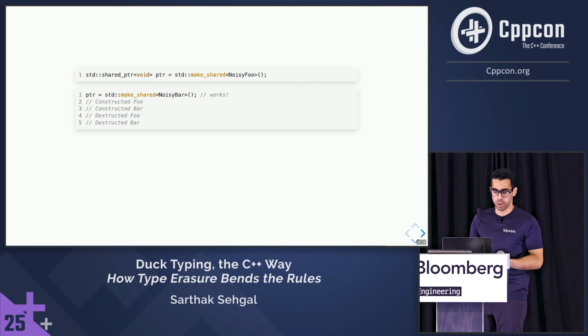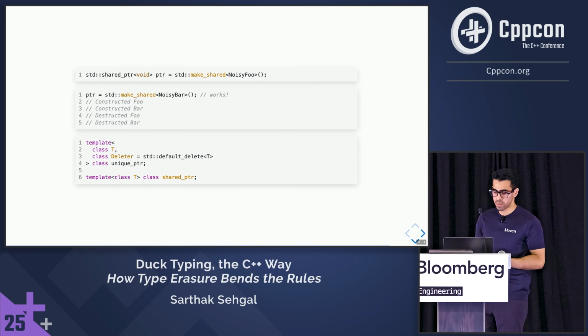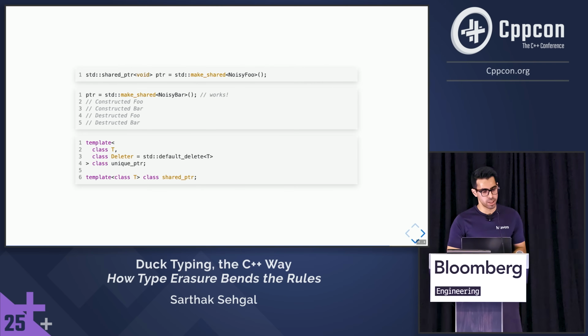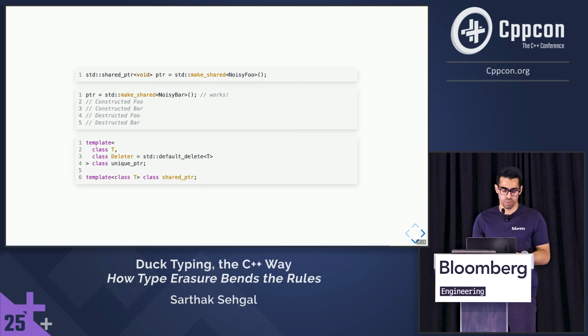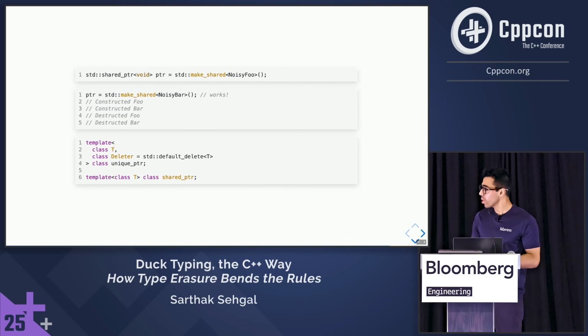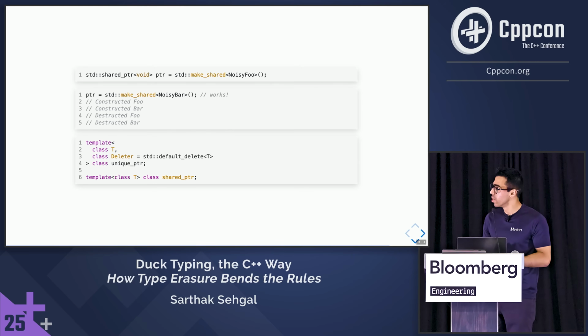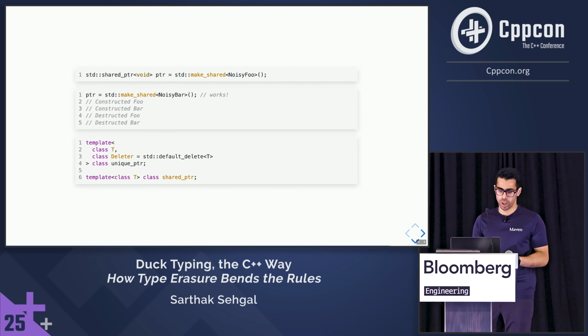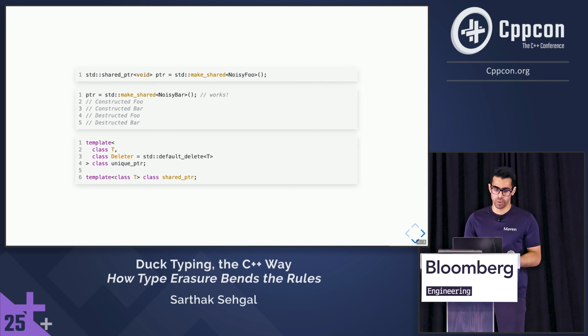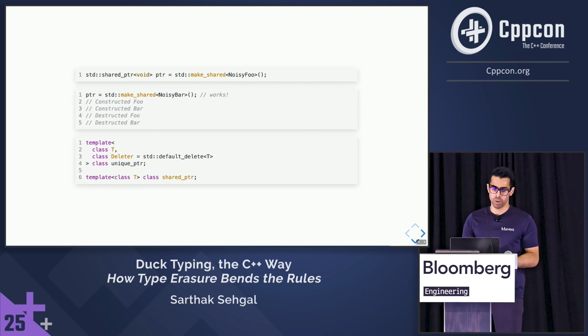And unique pointer was creating two different concrete types. If I look at the signature of a unique pointer and a shared pointer, unique pointer has 2 template arguments, whereas shared pointer only has a single one. So how is shared pointer somehow able to reassign it and destruct the type correctly?